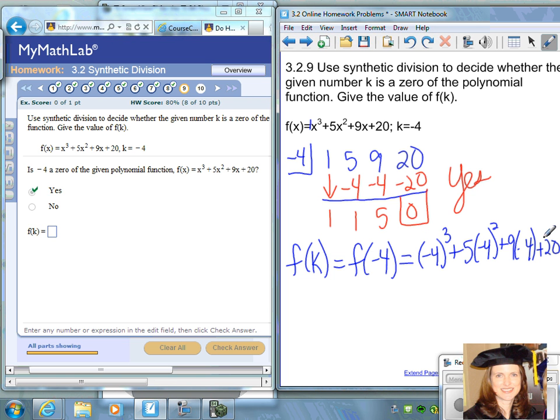Simplify this. Negative 4 cubed is negative 64 plus 5 times negative 4 squared. That's 5 times 16 is 80. Plus 9 times negative 4, that's negative 36 plus 20.